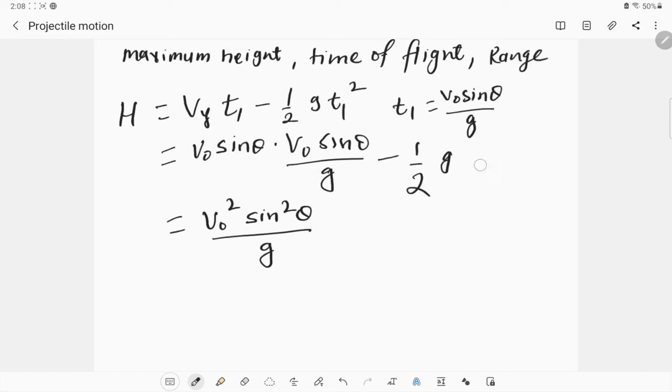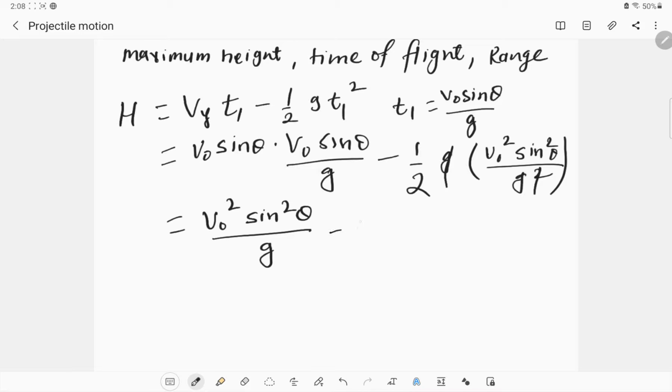So if I go here and put the value of t, what will be there? v naught square sine square theta divided by g square, right? g will be cancelled, and the remaining terms are these.